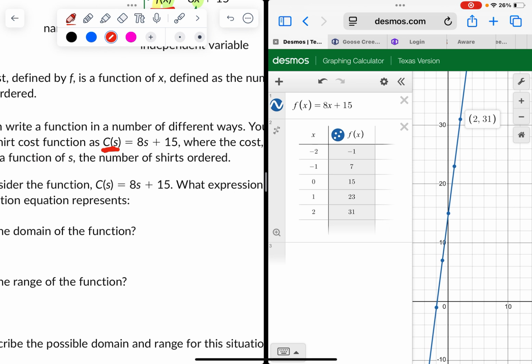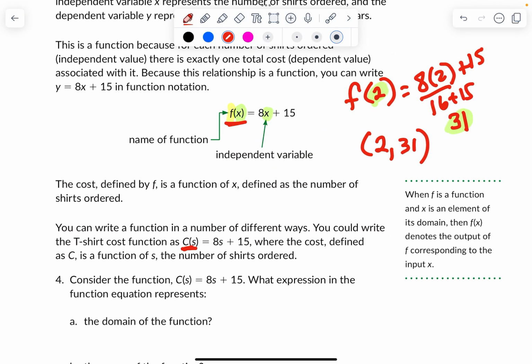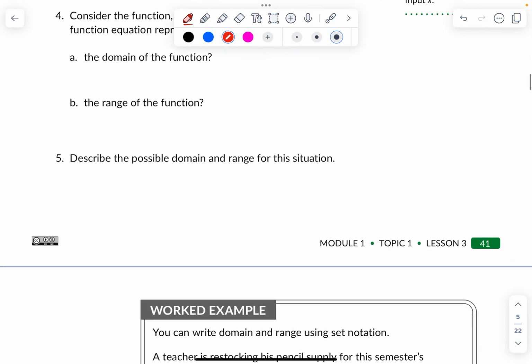Whatever is in the parentheses, that is your domain or your input, okay? So like I said, this is your domain, or in other words, your input. This is your range or output. Okay. All righty.